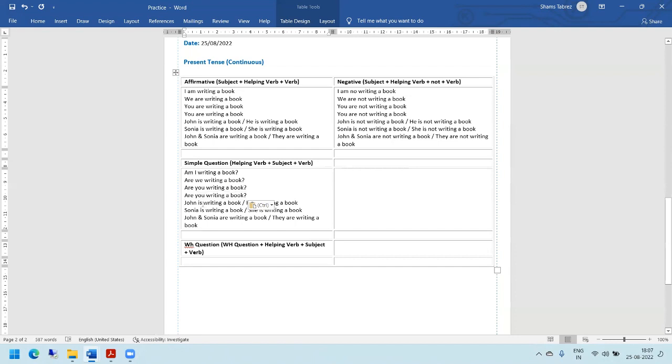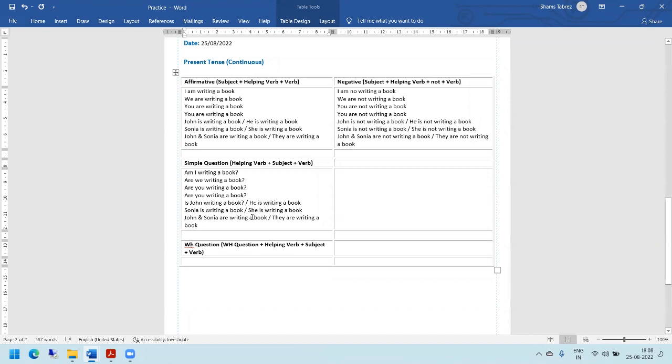Similarly, the same thing is applicable here. Now for John, what should we do? Is John writing a book? So now please tell me, is John writing a book? It should have a question mark here.